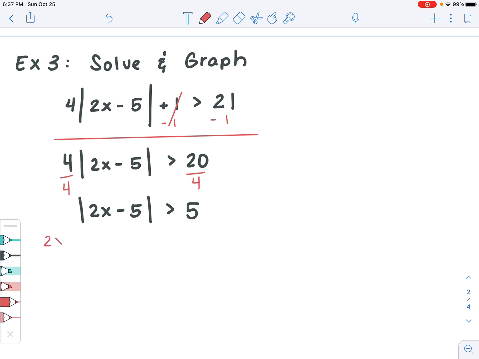So now I can say, okay, I have 2x minus 5 is greater than 5. And 2x minus 5 is less than negative 5. So I'm going to add 5 to both of them.